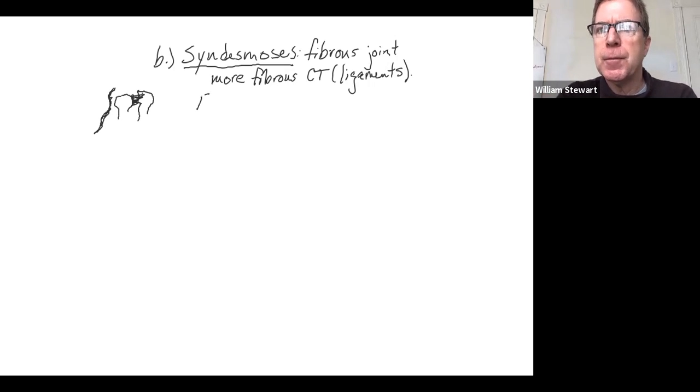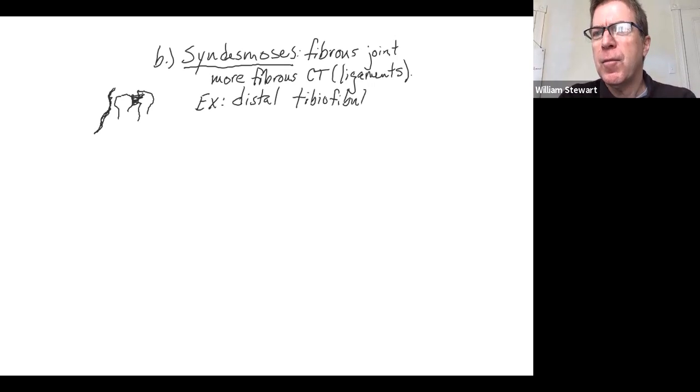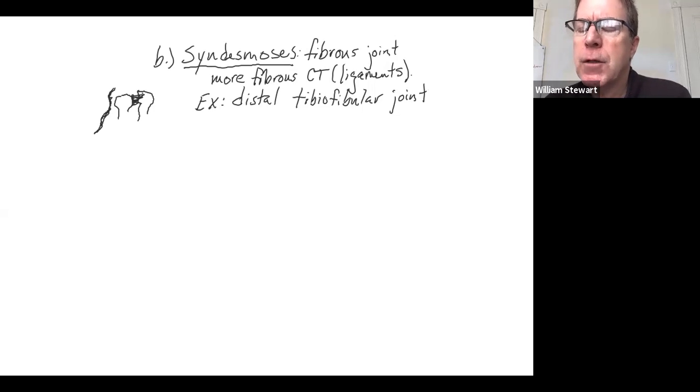Examples of this, just going to give you a few examples, would be the distal tibiofibular joint. So remember, in the lower leg, the tibia is the large bone, the shin bone, and then just lateral to that is the fibula.